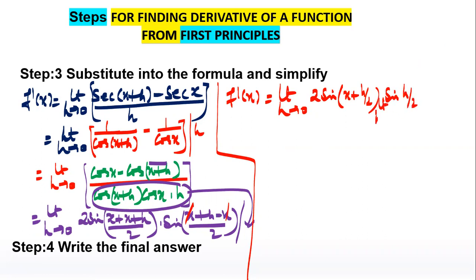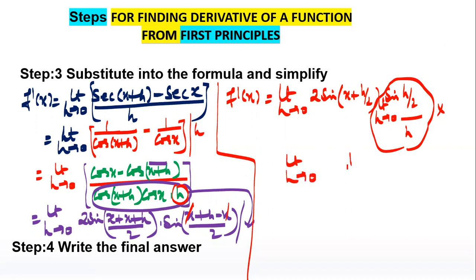And limit h tends to 0, over here this h is there, I can write it as h into limit h tends to 0 of 1 upon cos(x+h) into cos x. These are a multiplication of three terms: first term into second into third.